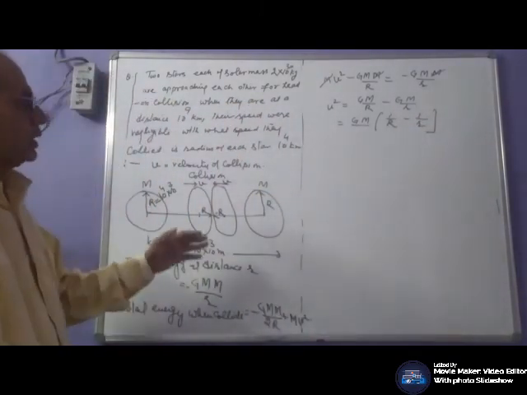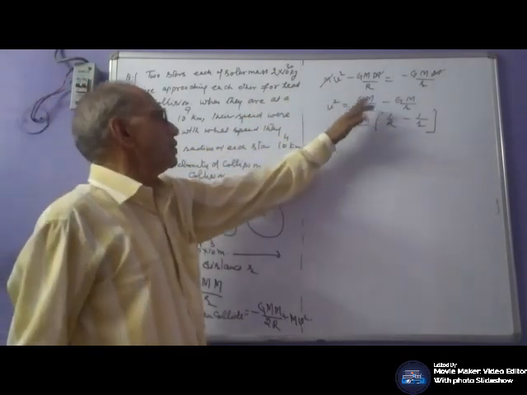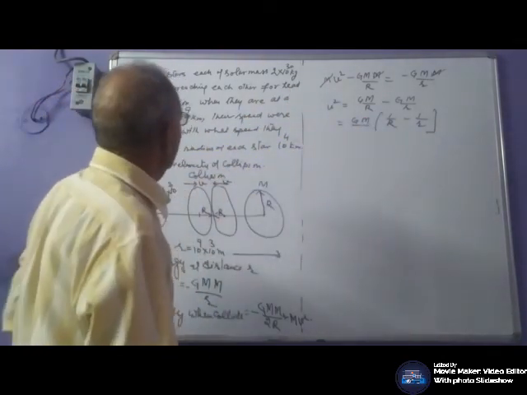If it were conceptual, we could find velocity by taking the square root. Now it is a numerical.